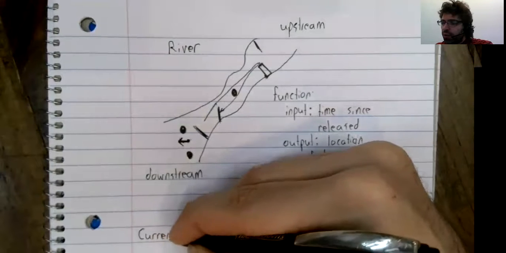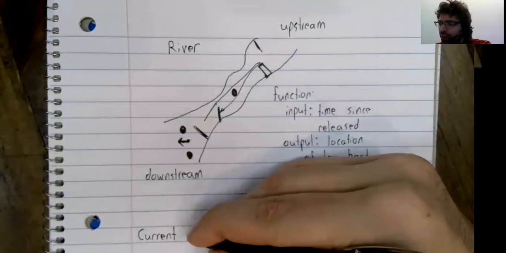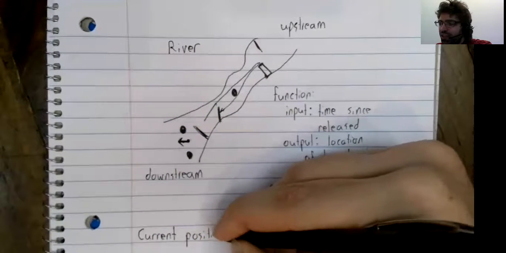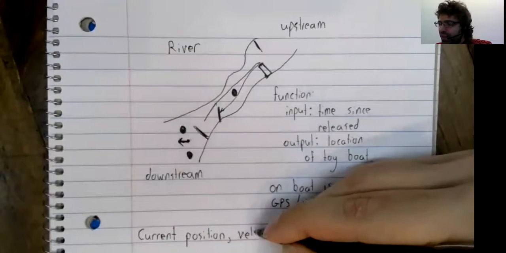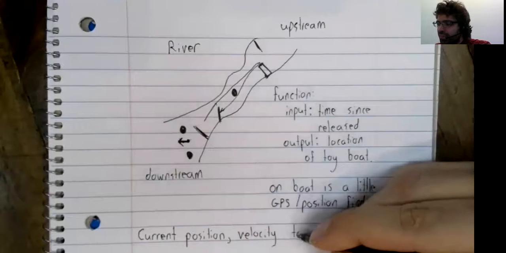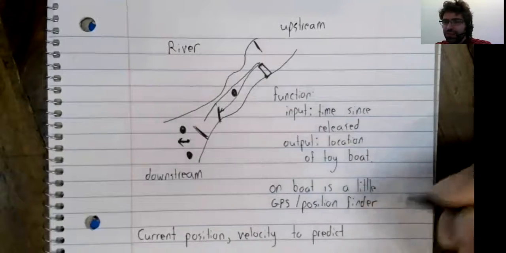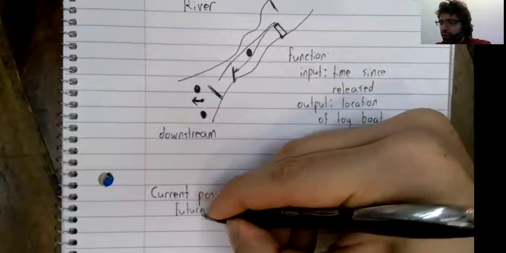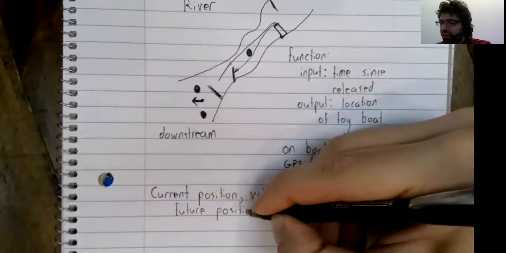In other words, you want to take, if you'll pardon a small pun, the current position of the boat and its velocity to predict the future position.